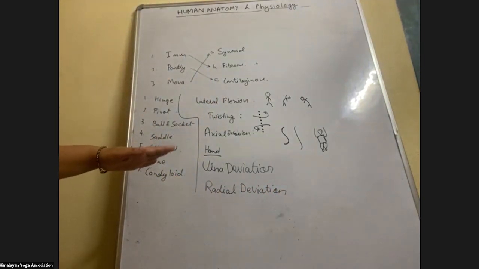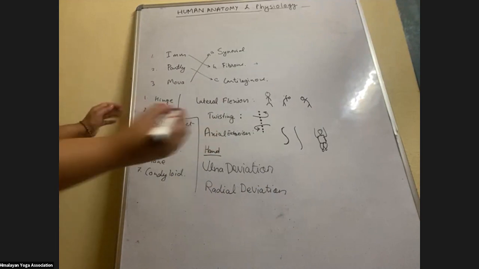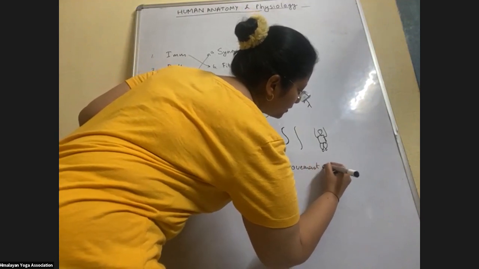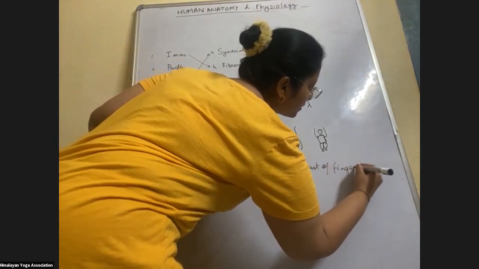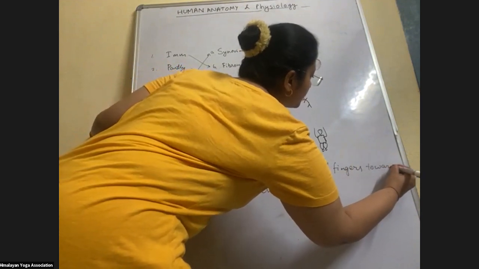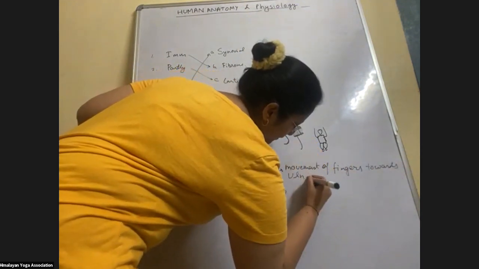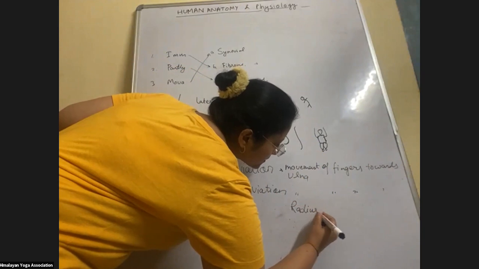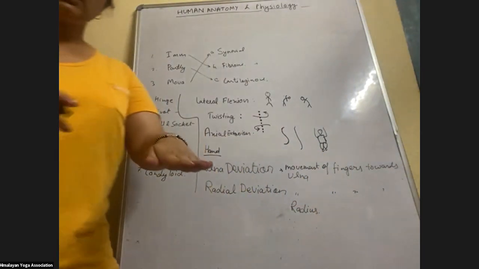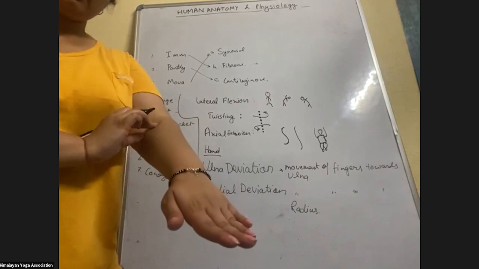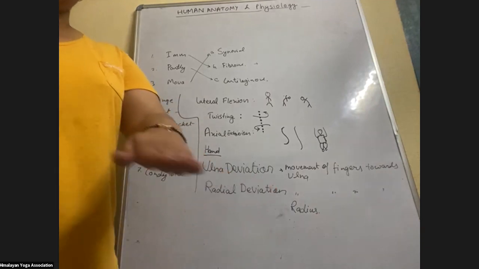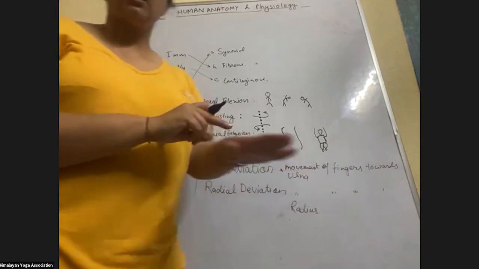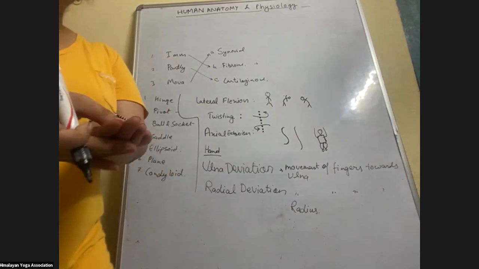Movement of fingers towards ulna or the pinky, and this is movement of fingers towards radius. In the definition it says fingers, but the movement is from the wrist, though I'm moving the fingers.